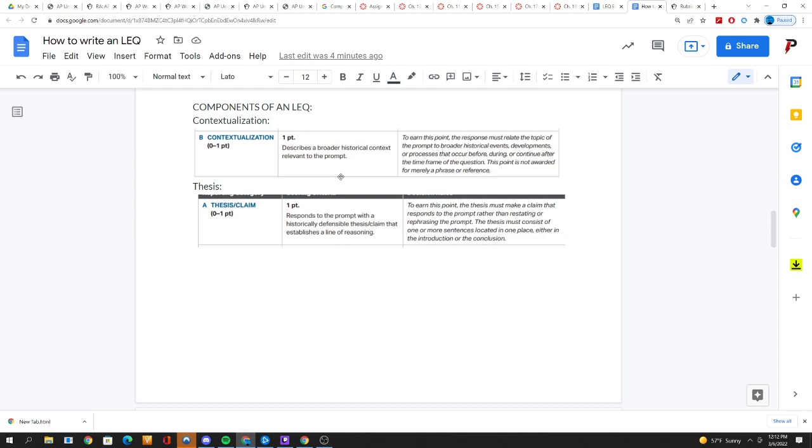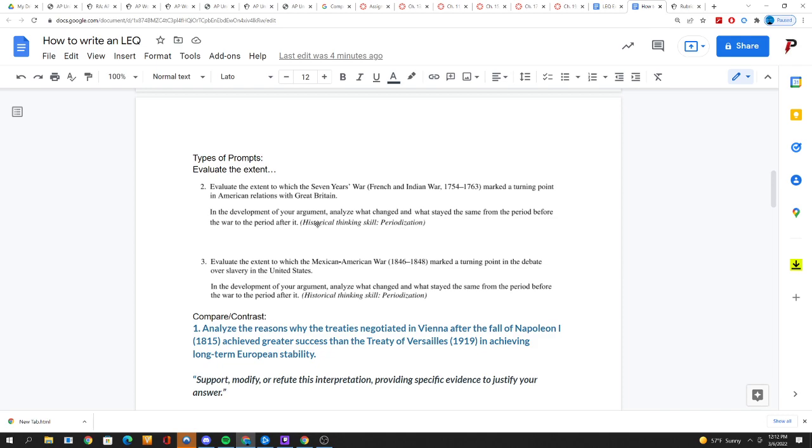Okay, and this is essentially a defensible claim, so you can't just make up nonsense. You have to actually make it historically accurate and make it arguable. Okay, so some people, when they look at your thesis, may actually disagree with that. So when you look at this, evaluate the extent, you may say that I disagree. I don't think the 7 Years' War was a contributor to the American Revolution, or the relations between the American people and the Great Britain nation.